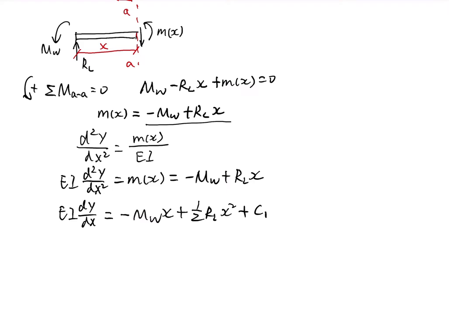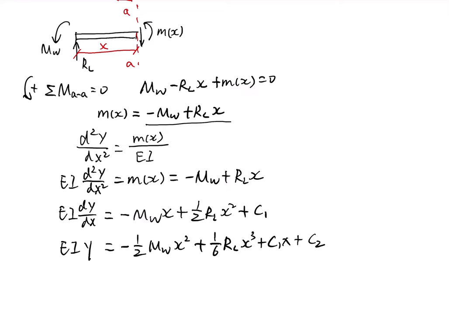We will have EI y equal to 1 over 2 MW x squared plus 1 over 6 RL x cubed plus C1 x plus C2. So based on our knowledge of the double integration method, we need to evaluate the C1 and C2.